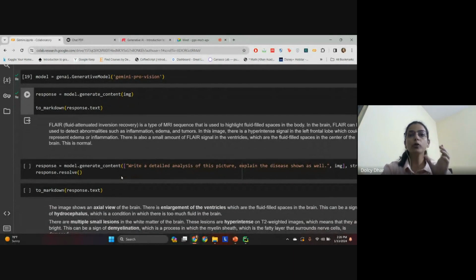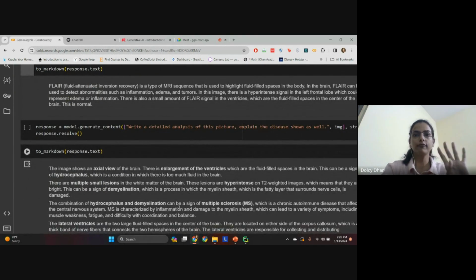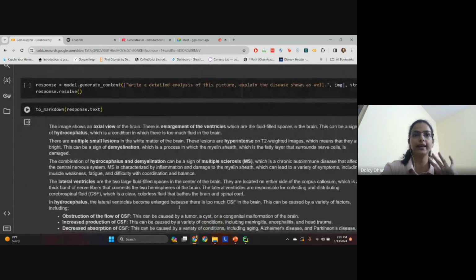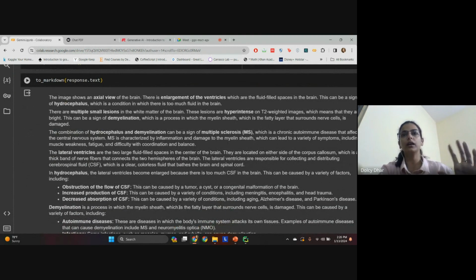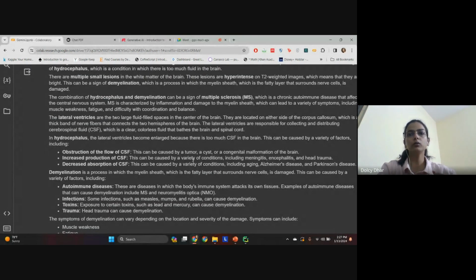But if we want to build a healthcare based product using the Gemini LLM model, of course, you need to go deep into the analysis and see if every word that they say is correct or not. The four images that I have fed have given me a correct answer until now. But from a medical perspective, a lot more work is needed to ensure that everything is correct all the time.